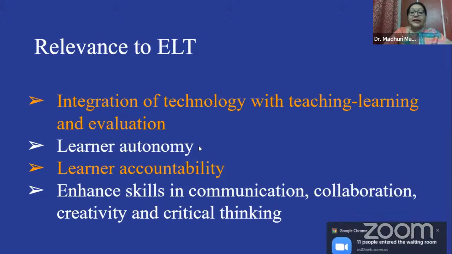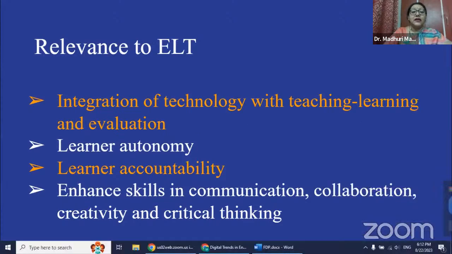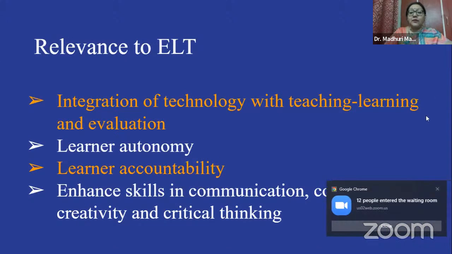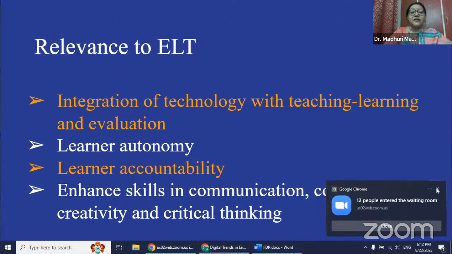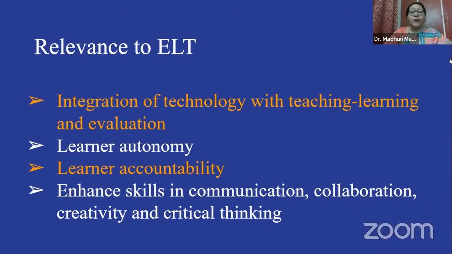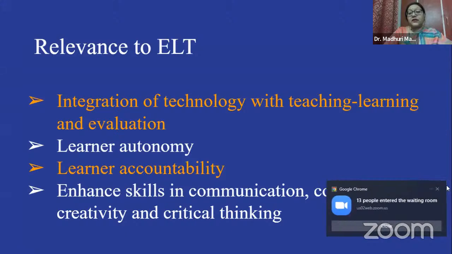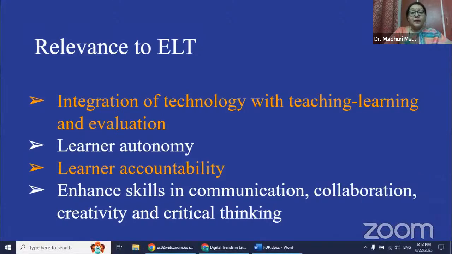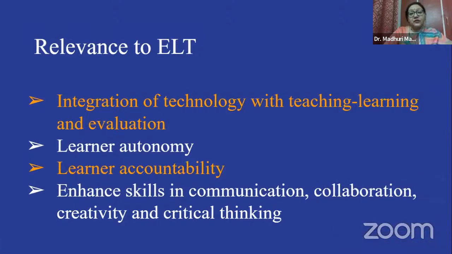Autonomy means independence, giving someone the flexibility or independence to learn at their own pace, to learn in their own way, the purpose of which is to reach a kind of level where the students are able to realize their complete potential. So we are trying to give autonomy to the students.